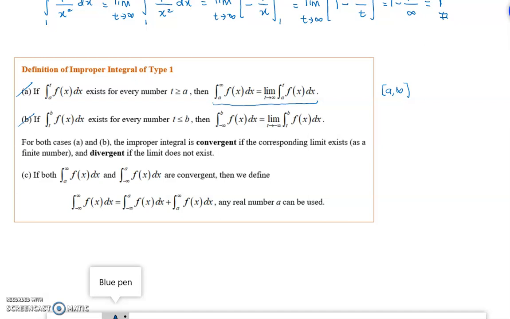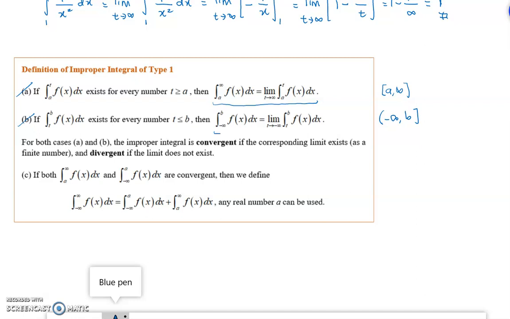The second one: if f(x) is continuous in the interval from negative infinity to b, then the integral is the limit as t approaches negative infinity of the integral from t to b of f(x) dx.